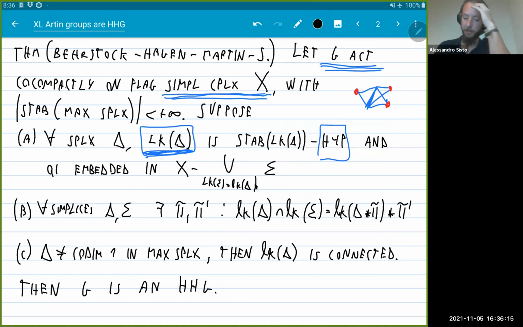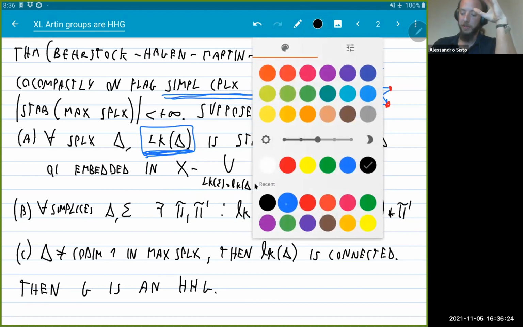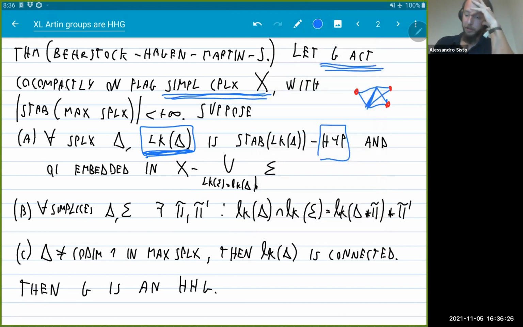and then finally, the only condition that I haven't mentioned yet is, let's say, a local combinatorial condition. So this is an entirely combinatorial condition. What we wanted to say is that an intersection of two links is the link of another simplex. So if you write it like this, then the curve graph doesn't satisfy that condition. So you make it a little bit more complicated.